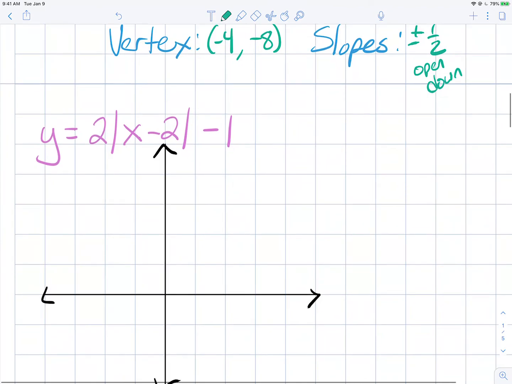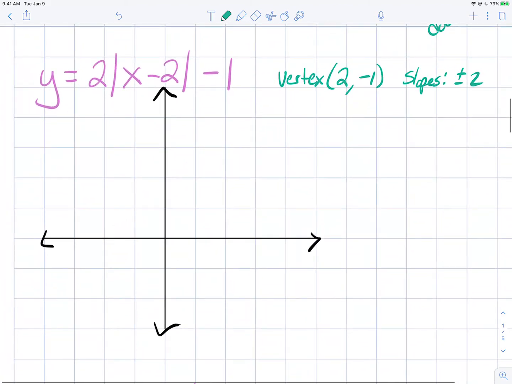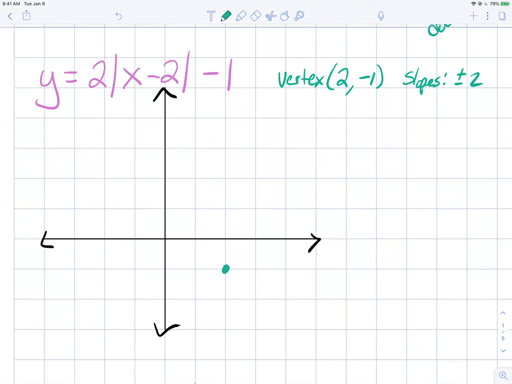So let's graph one. If this was our equation, y equals 2 absolute value of x minus 2 minus 1, then I know that my vertex is going to be at positive 2 comma negative 1, and my slopes are going to be a positive and negative 2. So first I'm going to find my vertex. I'm going to plot the point 2 comma negative 1, over 2, down 1.